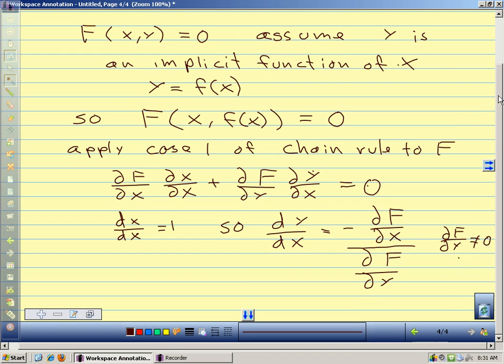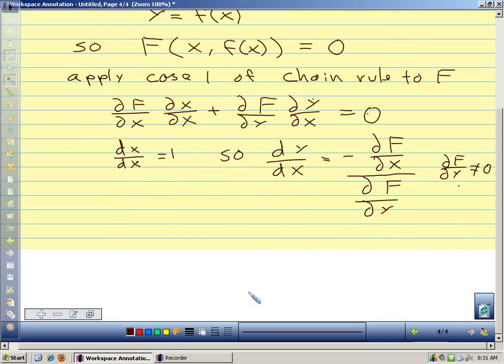So think about some complicated function where y is implicitly a function of x. Say we had something like x cubed y plus 3x squared y to the 4th minus the natural log of xy, and we wanted to figure out dy/dx.